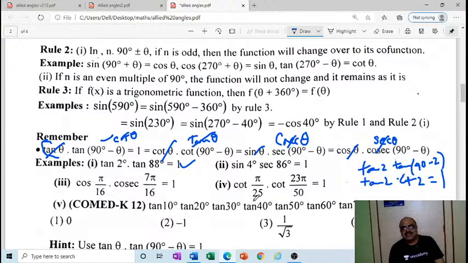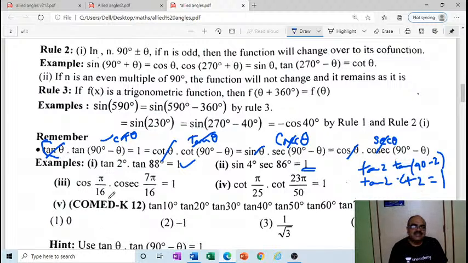Same way, sin 4 into sec 86. 86 can be written as 90 minus 4. Sec of 90 minus theta is cosec theta, so sec of 90 minus 4 will be cosec 4. So sin 4 and cosec 4 cancel, you will get 1.